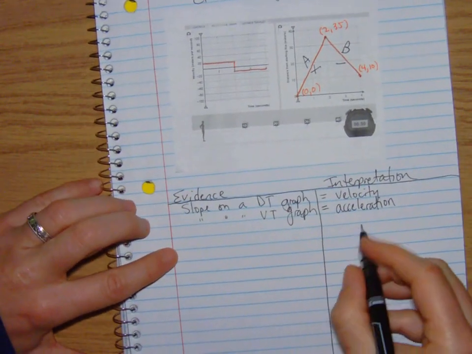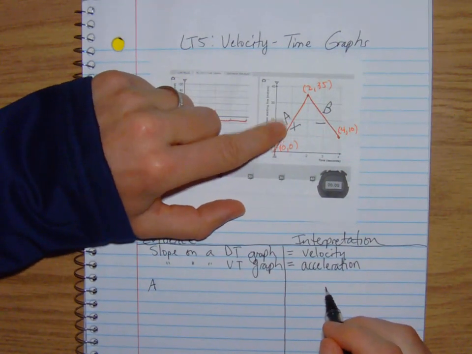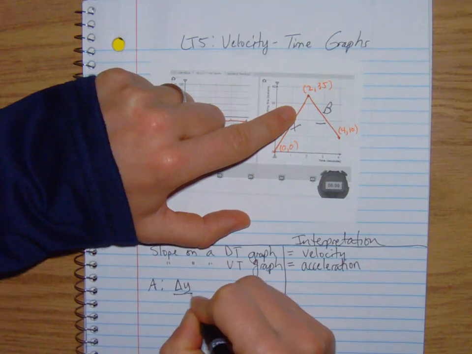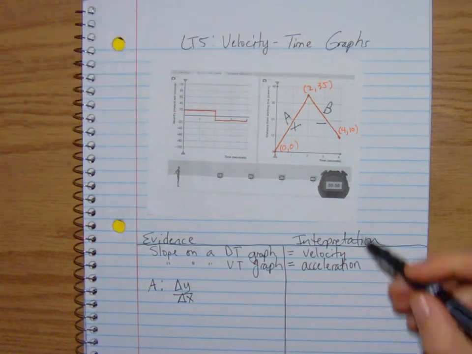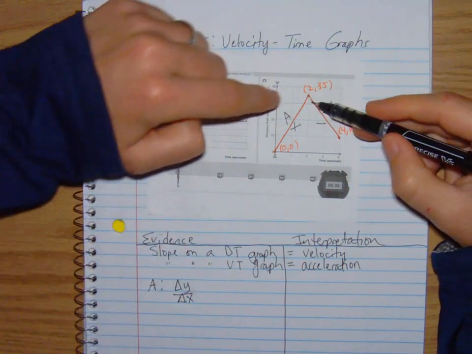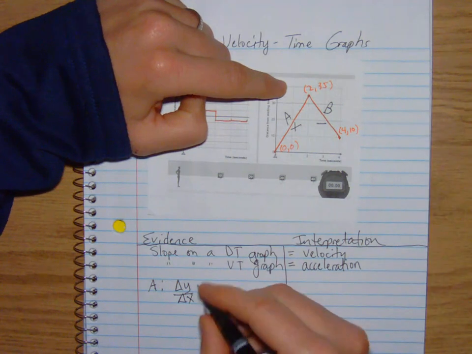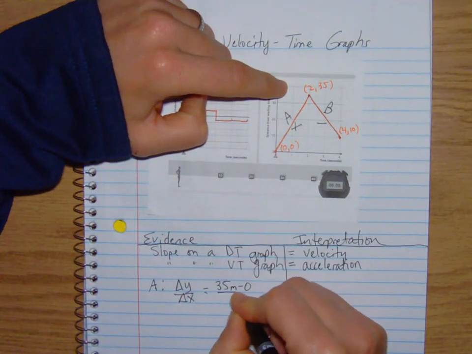All right, so let's figure out line A on a distance time graph. Let's actually calculate the slope. We know it's the change in Y divided by the change in X. So our up and down motion, it's the end minus the beginning. At the end of this time interval, we are at 35 meters, and we started at 0.